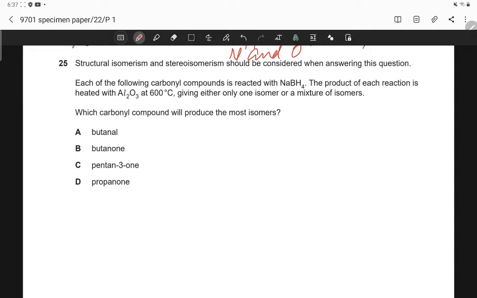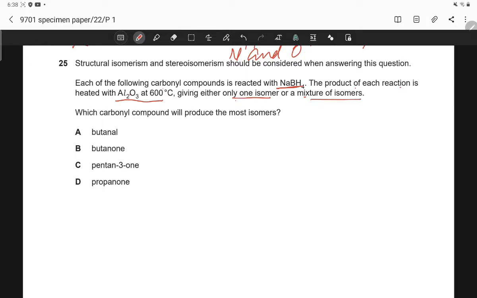Next question, the 25th question: structural isomerism and stereoisomerism should be considered when answering this question. Each of the following carbonyl compounds is reacted with NaBH4. The product of each reaction is heated with Al2O3 at 600 degrees centigrade, giving either only one isomer or a mixture of isomers.